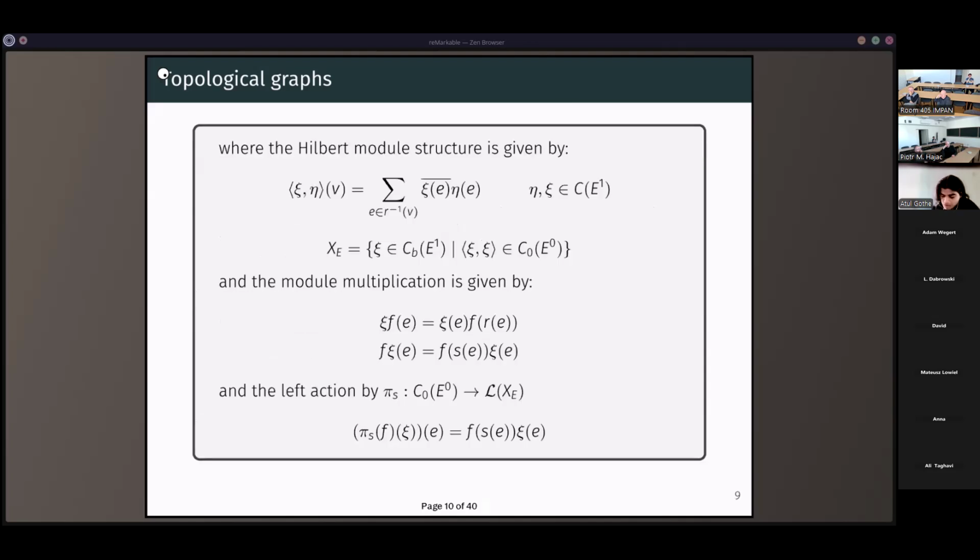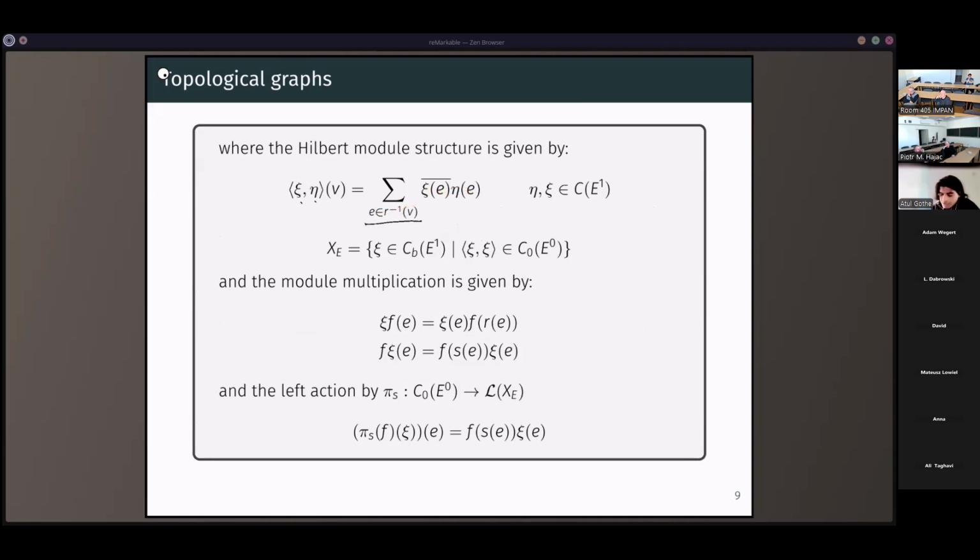So the Hilbert module structure here: for any functions xi and eta, the inner product is defined by taking xi of e bar and eta of e and summing over the pre-image of the range of the vertex v.